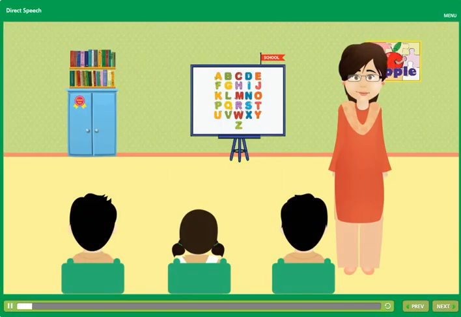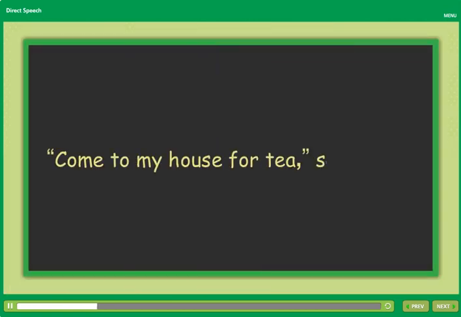Explain the rules of direct speech to your students by writing a sentence on the board and adding the correct punctuation one by one with colored chalk. We use speech marks or inverted commas to show what someone is saying.